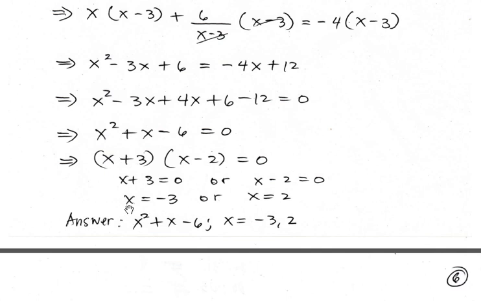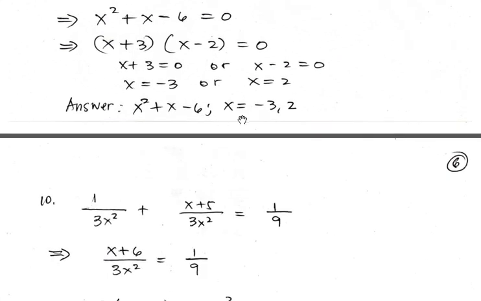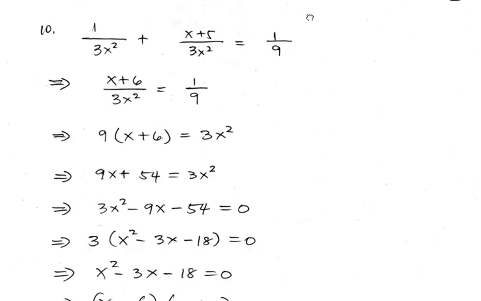Solving for x, x minus 2 equals 0 gives us x equals 2, and x plus 3 equated to 0 gives us x equals negative 3. So the required quadratic equation is x squared plus x minus 6 with values for x, negative 3 and 2.